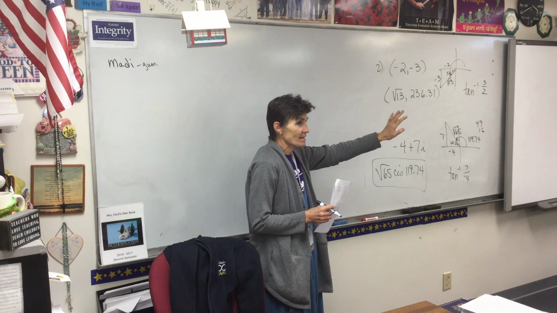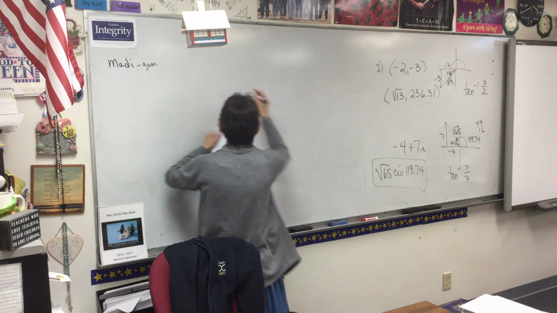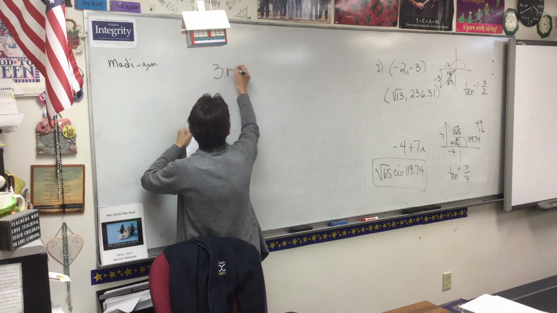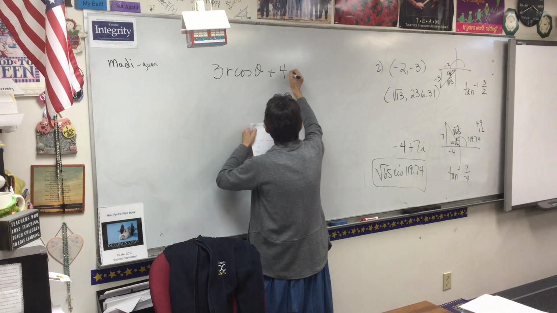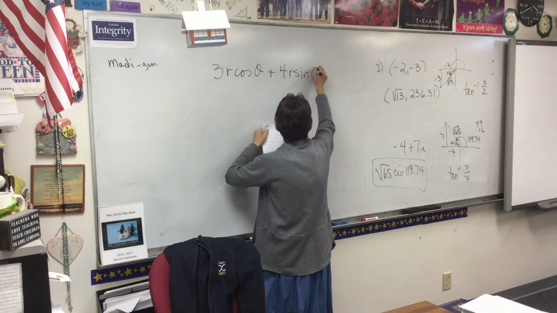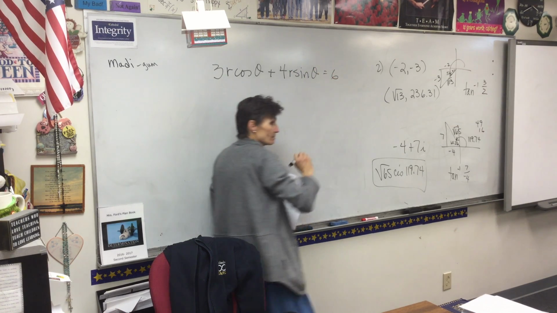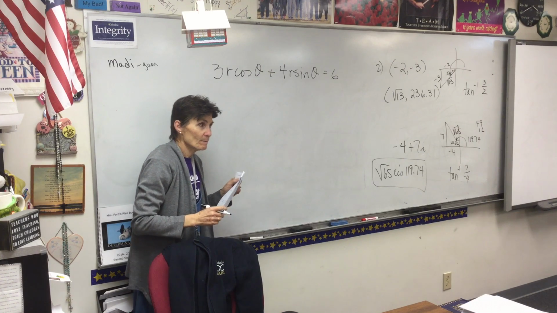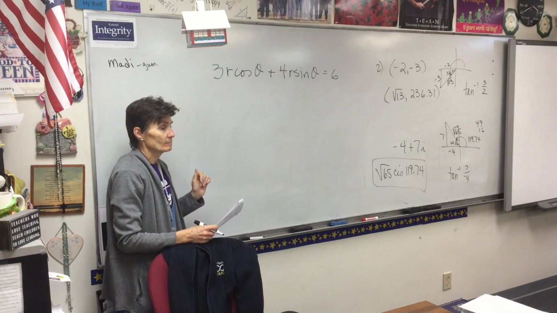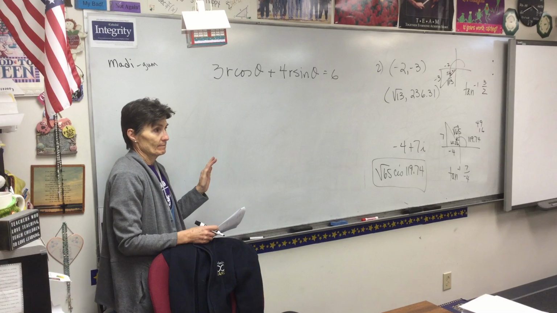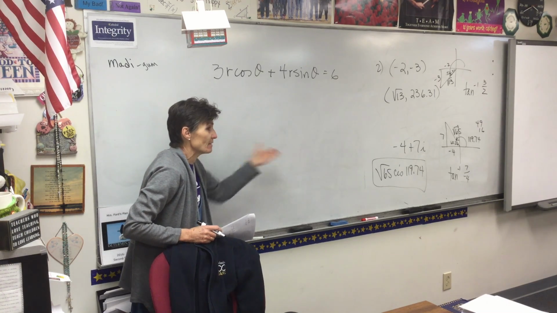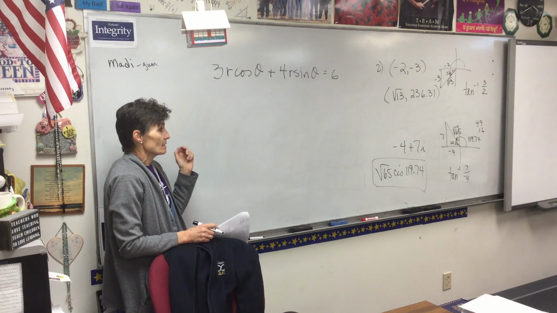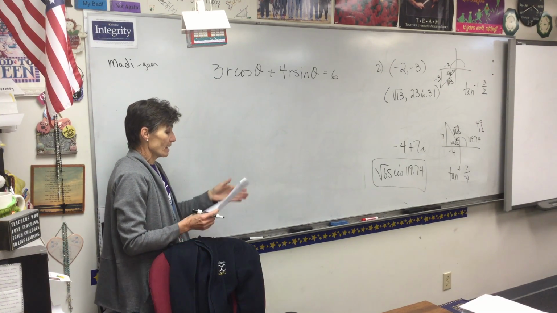We go straight to the answer blank and we write 3r cosine theta plus 4r sine theta equals 6. Does everybody see what I did there? Easy. You know x equals r cosine theta. We needed that in some of our problems. So you just plug that in, done.